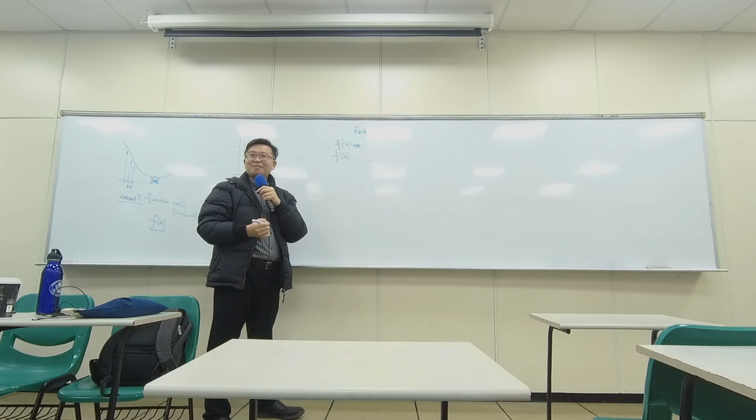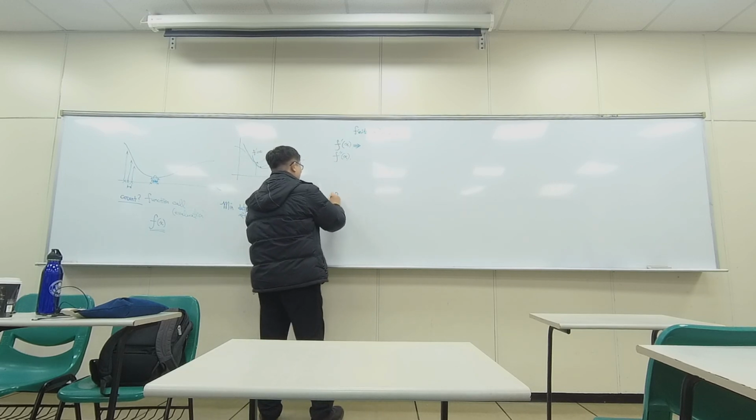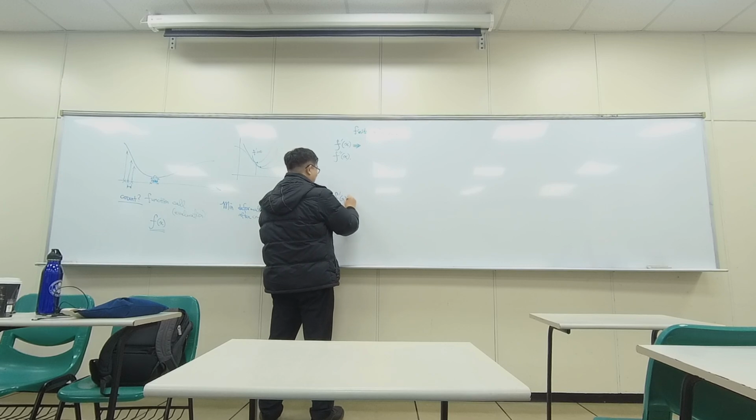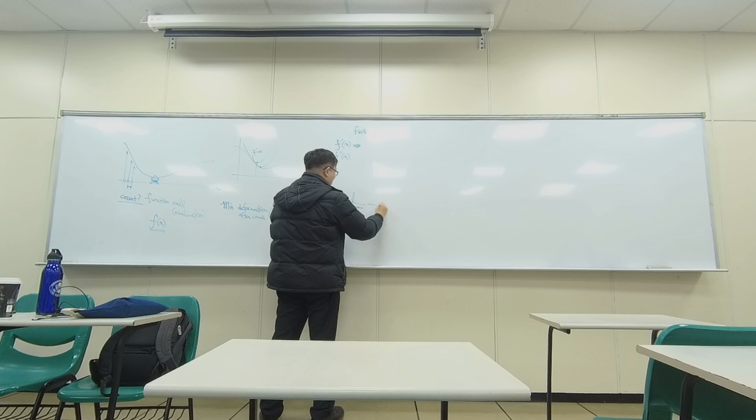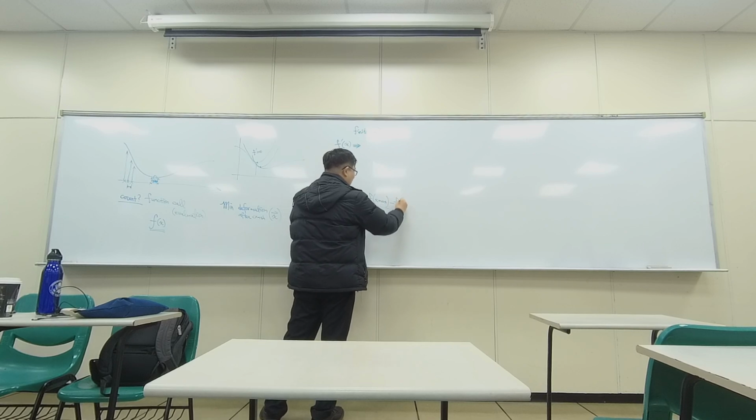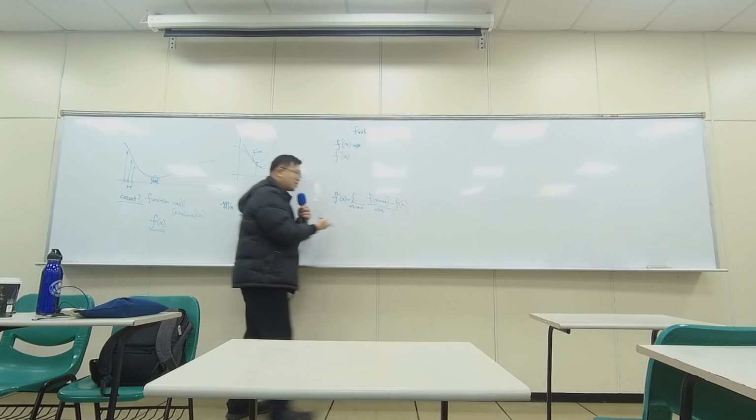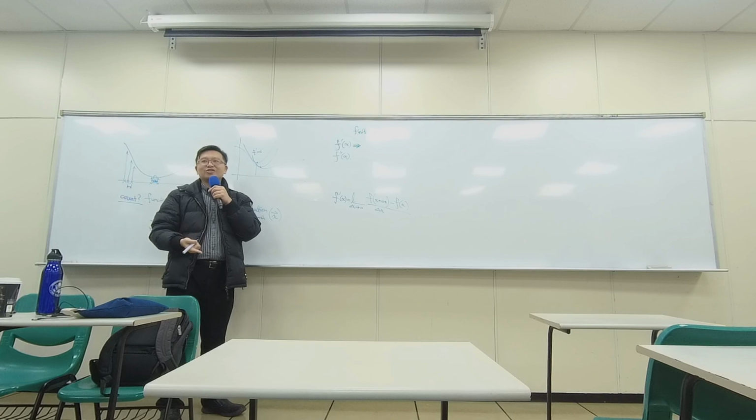You guys know, right? So what is f prime? By definition, it's a limit as del x approaches 0 of f of x plus del x minus f of x, divided by del x. This is the definition of first order derivative, right?